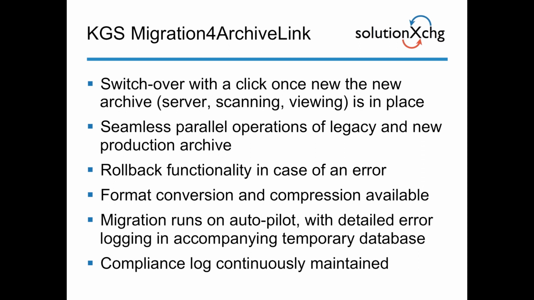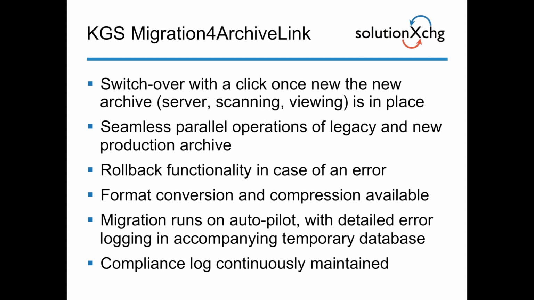There's a full rollback functionality in case of a significant error. So your legacy archive is not touched. Your legacy archive is not modified in any way. It is required for read access only, which gives a great safety net for your data.